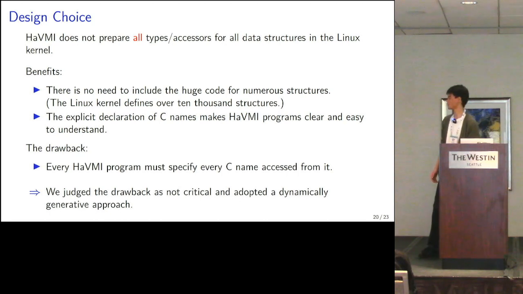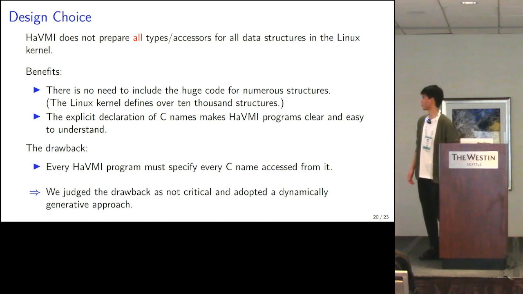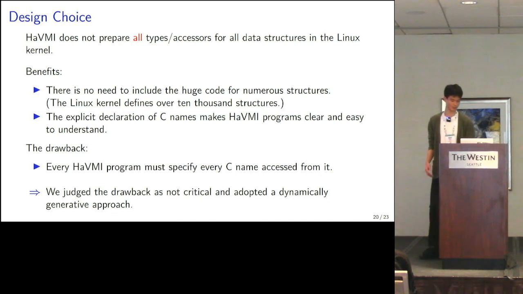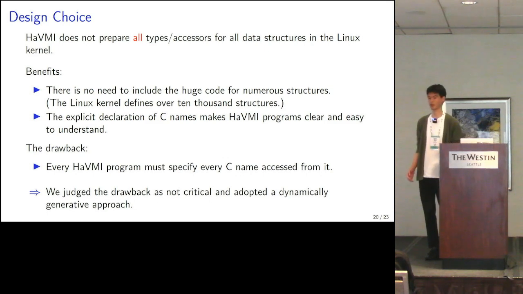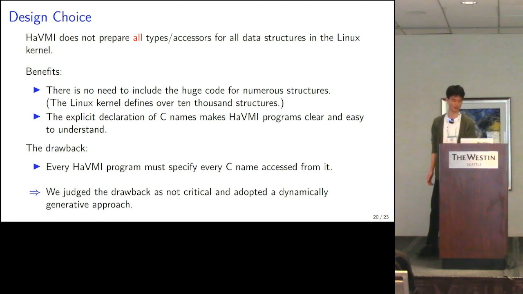On the other hand, there is a drawback that every HaVMI program should specify every C name accessed from the program. In spite of this drawback, we judged it as not critical and adopted the dynamically generative approach.